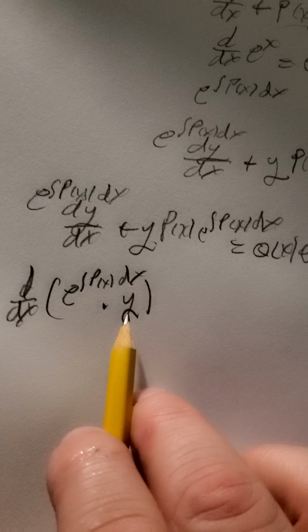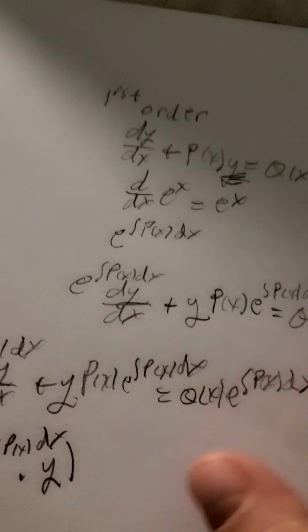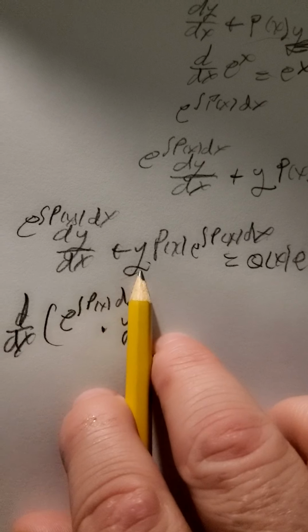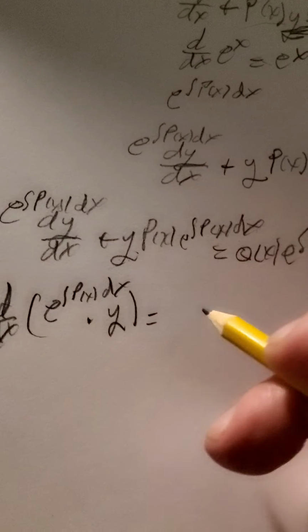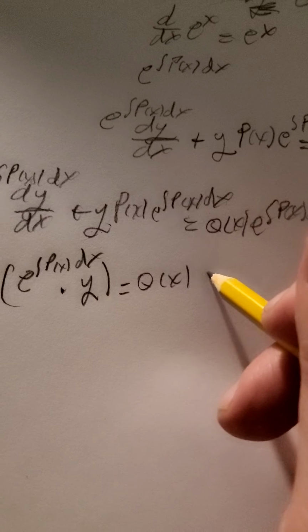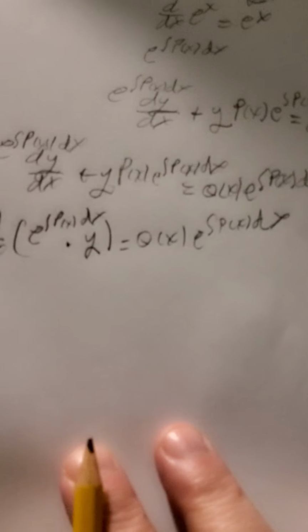First times the derivative of the second, which is the second up here, plus the second, y, times the derivative of the first, which is the derivative of this. And that is just equal to q of x times e to the integral of p of x dx.